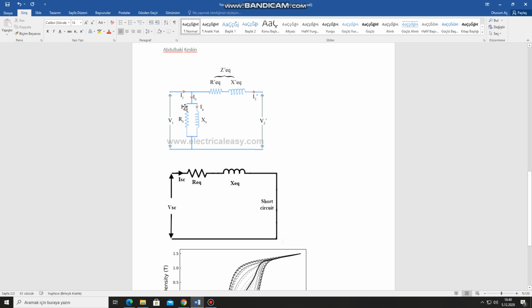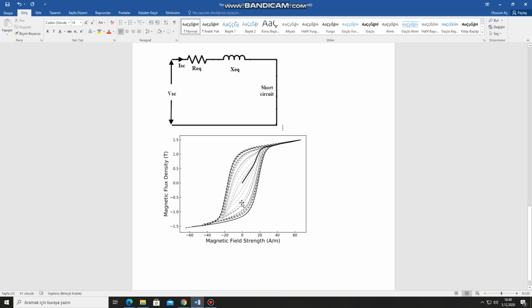This parallel branch represents the losses related to the core or iron. So to find this one, we are using the open circuit model. And if you look at this one, a similar one can be found also in our lab manual.